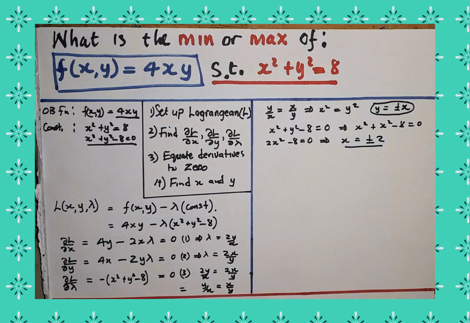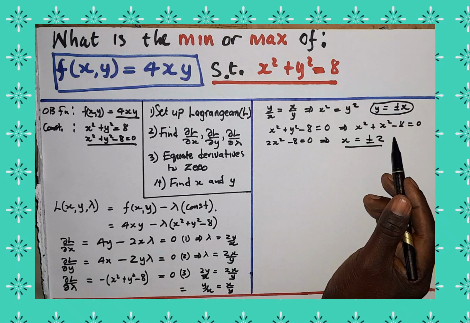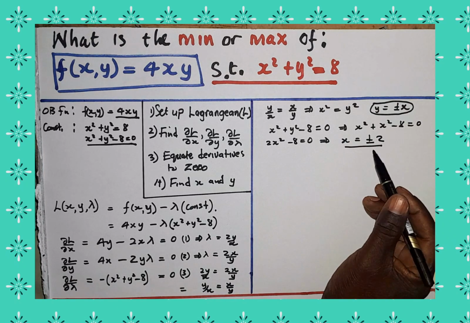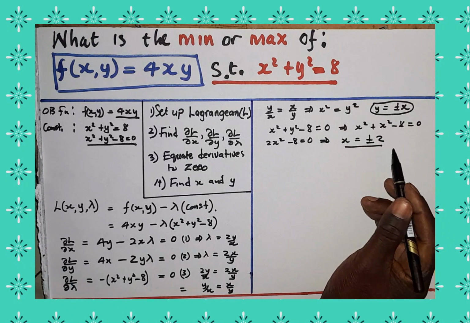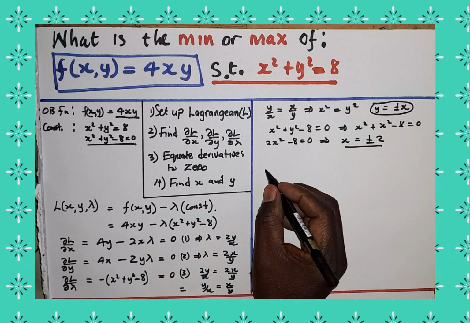Now, let's remember y is equal to plus or minus x. So y is also minus or plus 2, isn't it? So we have 4 scenarios here.